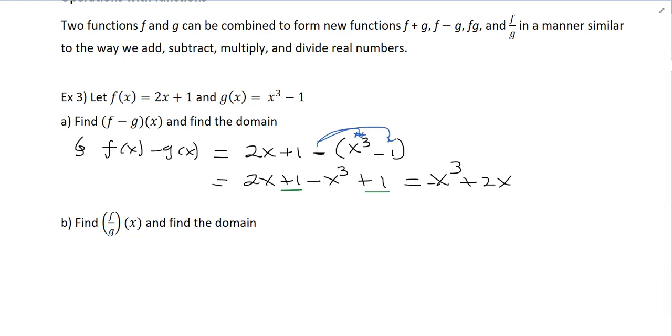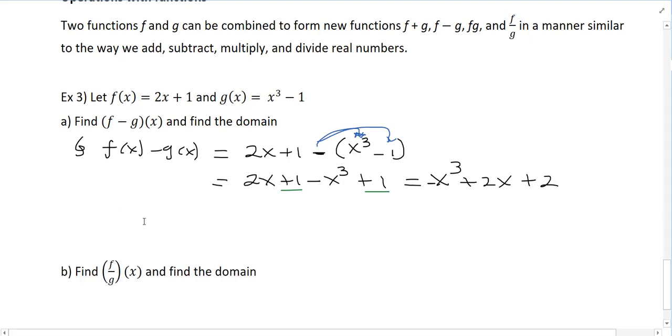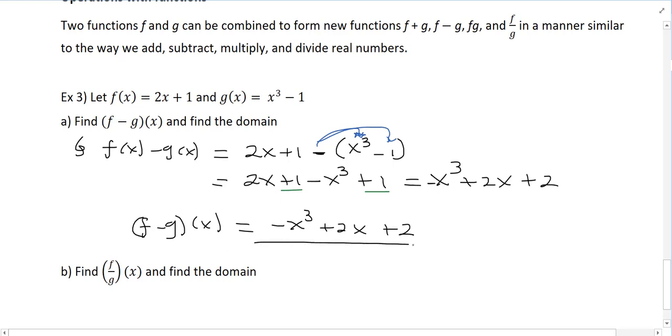So I'm going to have plus 2. And so this will be my f minus g function. So I can write f minus g of x is equal to negative x cubed plus 2x plus 2.